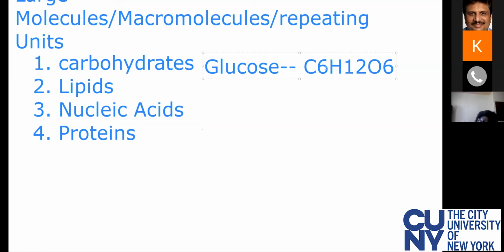This is not the right way to write it, but since this doesn't give me an option to write subscripts, let's go to Google to see what's the right way to write it. So let's say, what is the chemical formula for glucose?